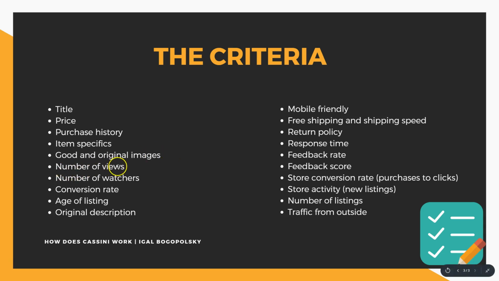Number of views. Now, both number of views and number of watchers are a double-edged sword. What I mean by that is that you obviously want a lot of views and a lot of watchers. But if you don't have the purchase history or the sales to back it up, it would actually hurt you. Because if eBay sees that many people look at your item and many watchers are interested in it, but don't actually go ahead and buy, they suspect that you probably have a problem with this item.